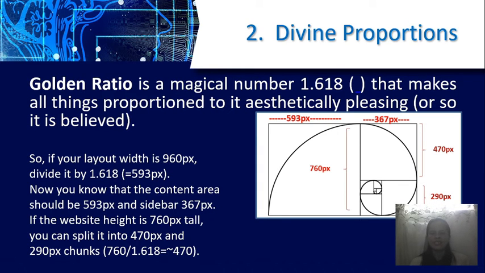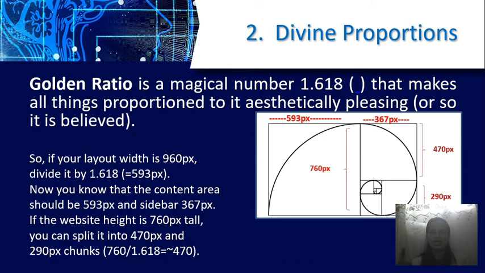Okay, next is divine proportions. This is our second question for analysis: how are we going to design our website using the divine proportions? This divine proportion is familiar in the architecture world.